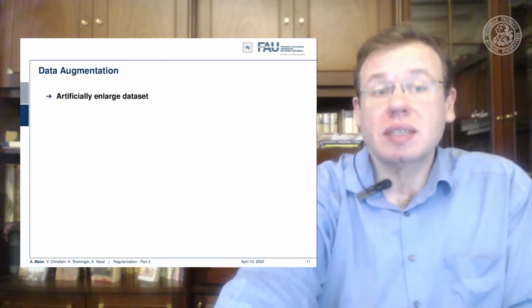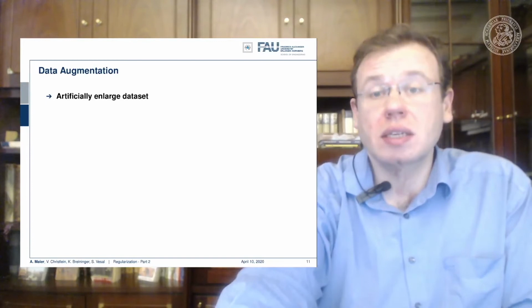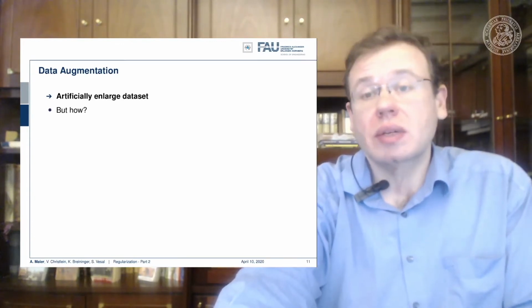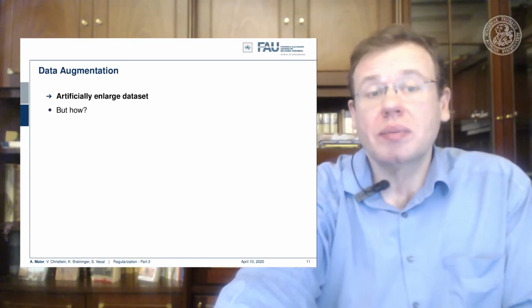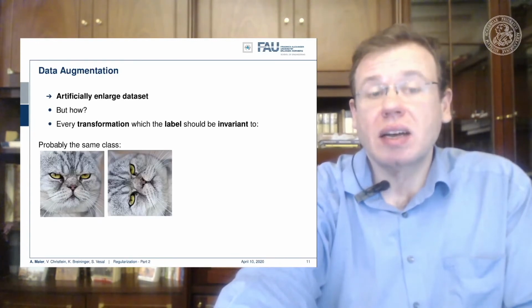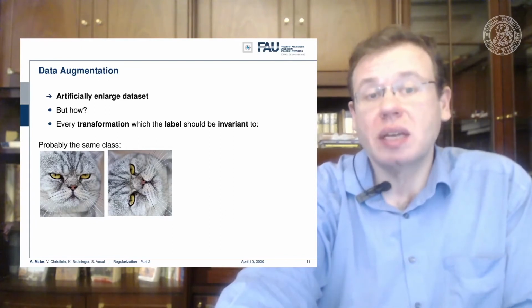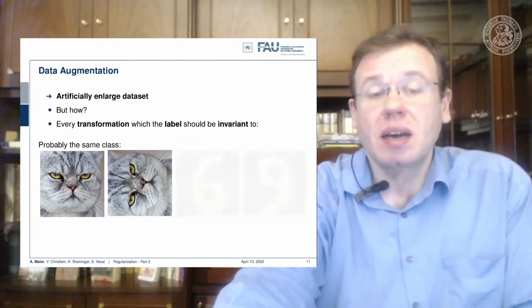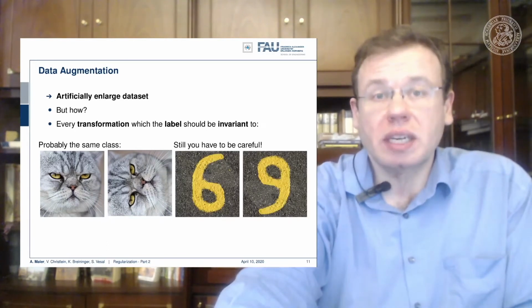Another very useful technique is data augmentation. So the idea here is to artificially enlarge the data set. Now you ask, but how? Well, the idea is that there are transformations under which the label should be invariant. Let's say you have the image of a cat and you rotate it by 90 degrees, it still shows a cat. Obviously, those augmentation techniques have to be done carefully.